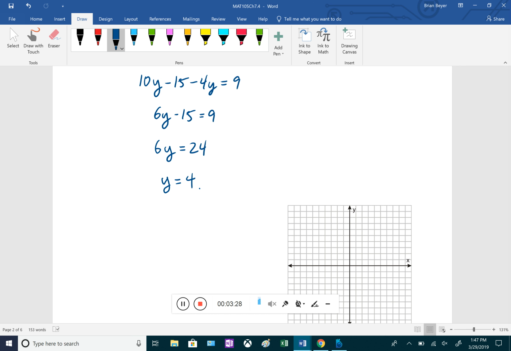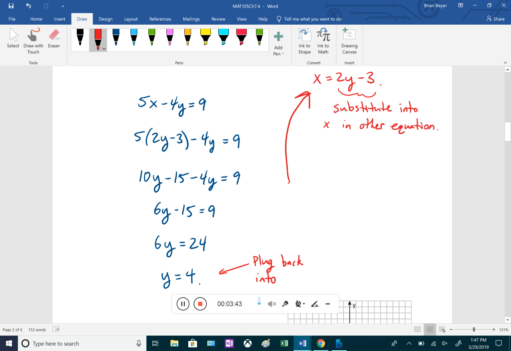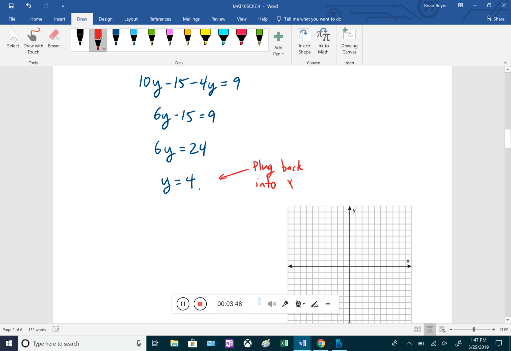So that's one of our answers here. To find the other one, we have to take this and plug back into the equation where we already solved for x in terms of y right up here. Plug back into x equals 2y minus 3.